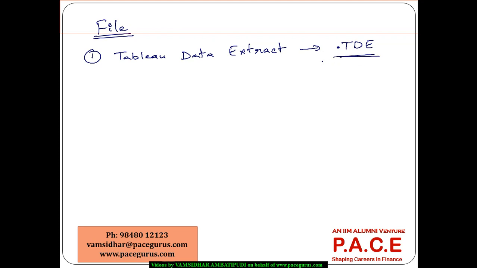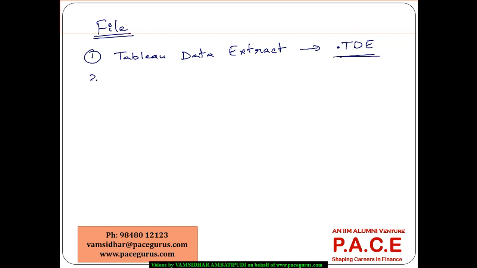If I want to connect to data in a file, among the various file-based sources, one is the Tableau data extract, which means data is extracted from some underlying source database into Tableau. These are generally stored with the .tde extension.